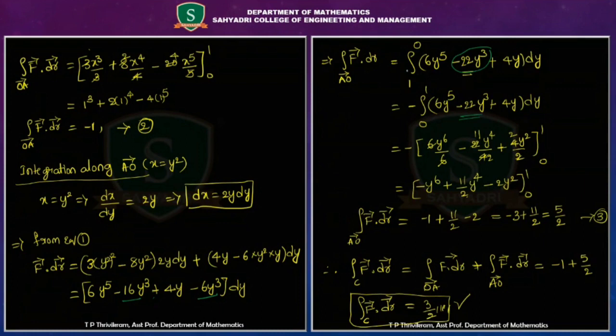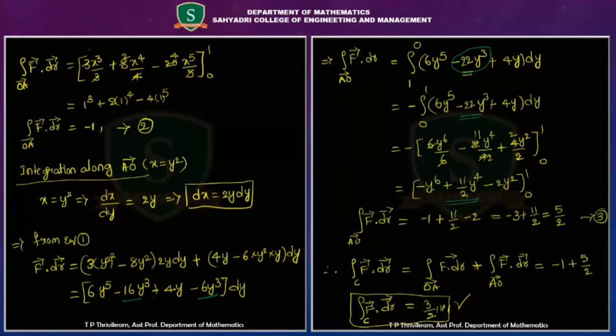When you are taking a minus, you have to change the limits, right? So 1 to 0 has been converted to 0 to 1. Now I have applied integration and multiplied with minus, so all the plus terms will become minus and minus terms will become plus. That means the middle term will be plus. Again substitute y equal to 1 here.